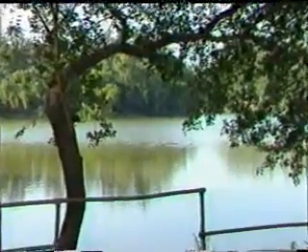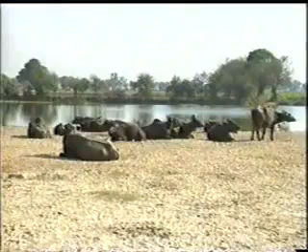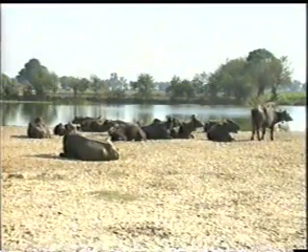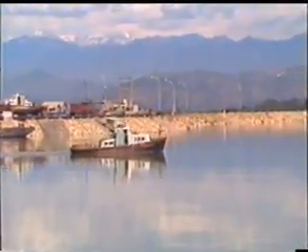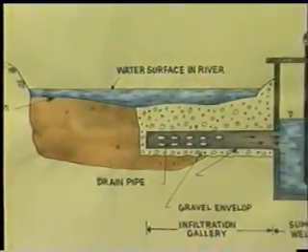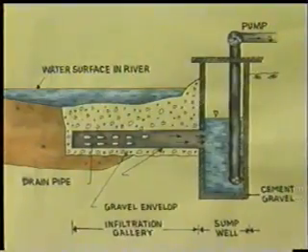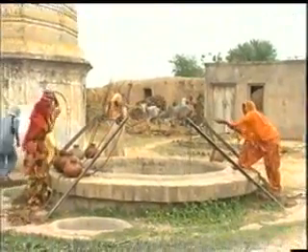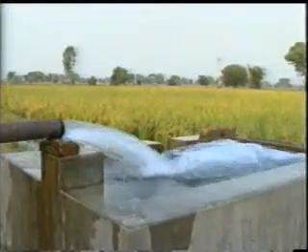Surface water sources include rivers, lakes, ponds, reservoirs, whereas groundwater sources include springs, horizontal galleries, wells, and tube wells.